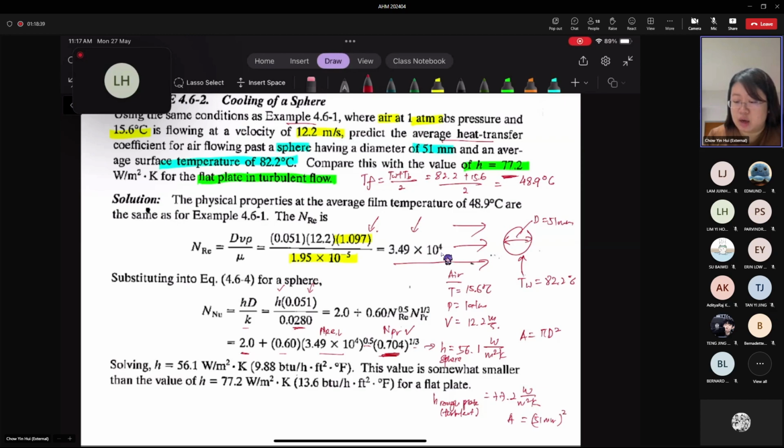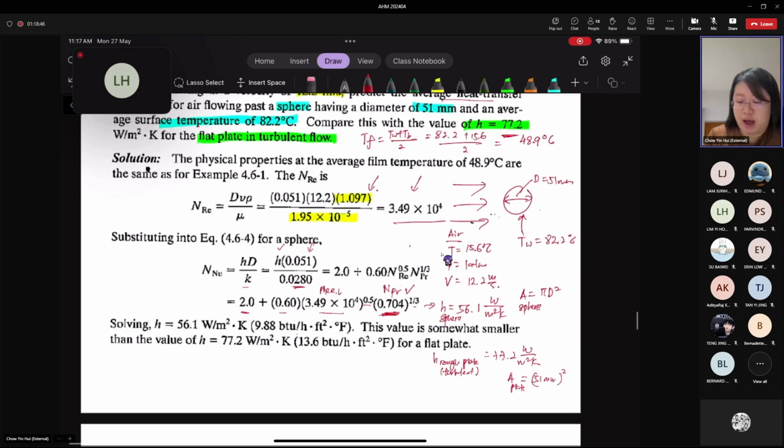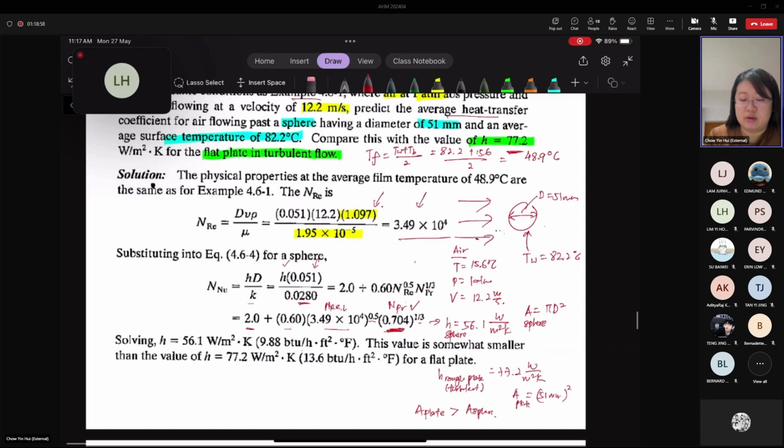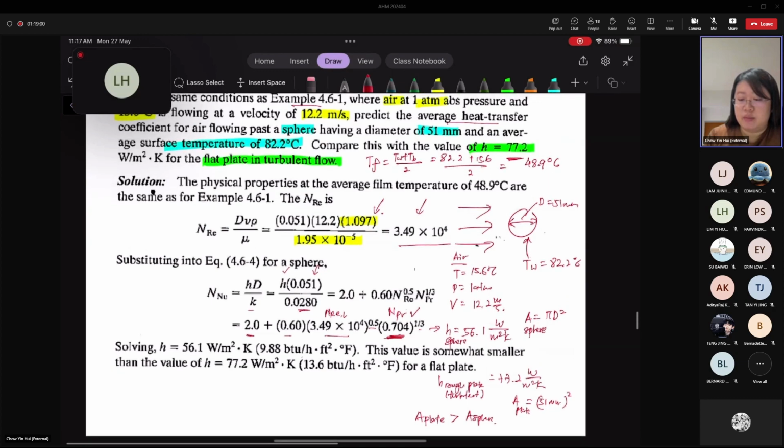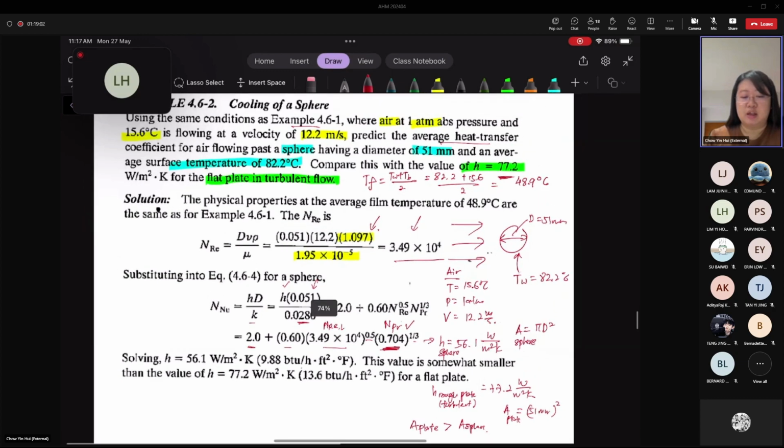So if you do this calculation, let me write plate, this is sphere. You'll notice later after the class, if you have time to explore it, that the surface area of the plate is actually greater than the surface area for the sphere. So you can try it out. So yep, that's the reason.